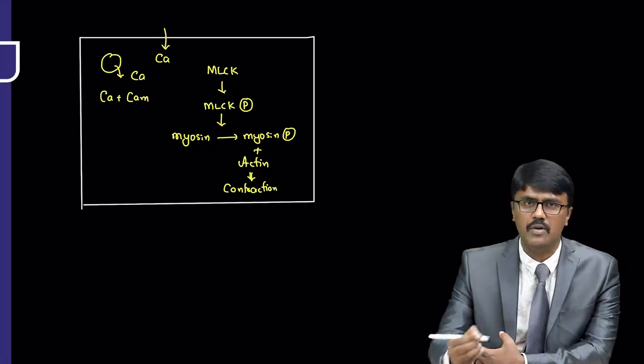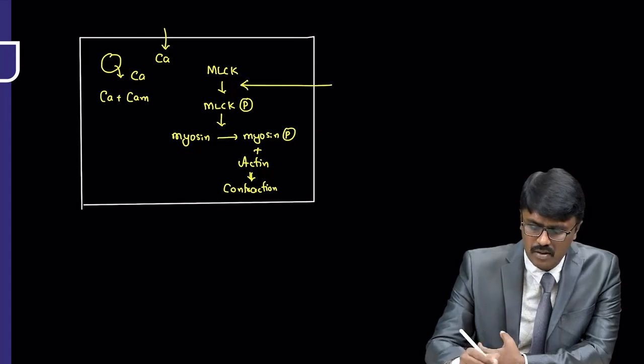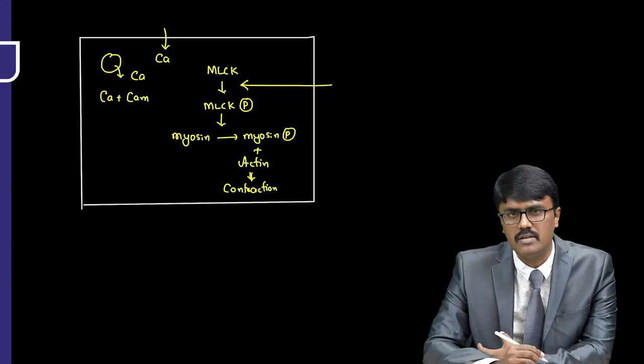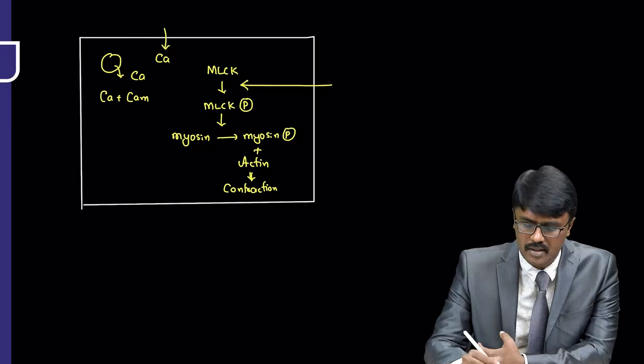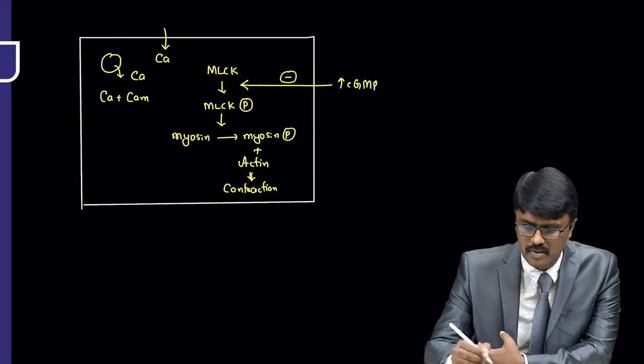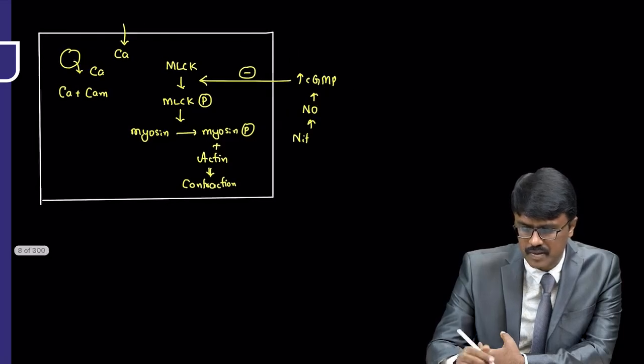Now, already I have discussed nitrate with you. What will the nitrate do? Nitrates will not allow the myosin light chain kinase to undergo phosphorylation. They increase cyclic GMP, and that will inhibit this step. And this is done by the nitrates through nitric oxide. Okay, that is one point.